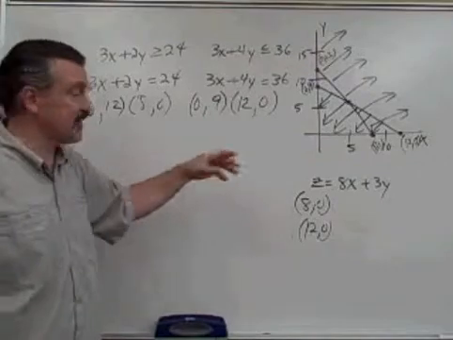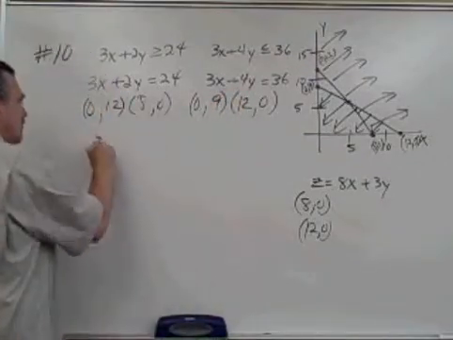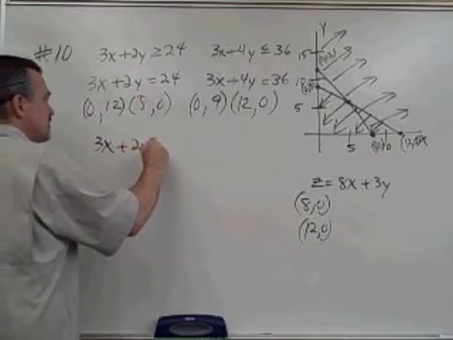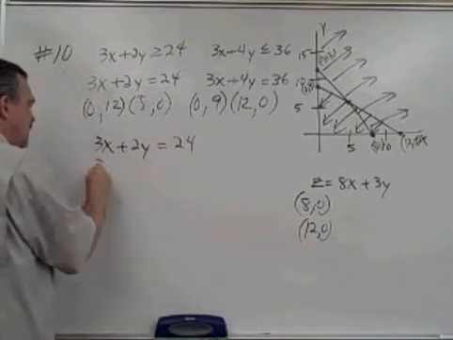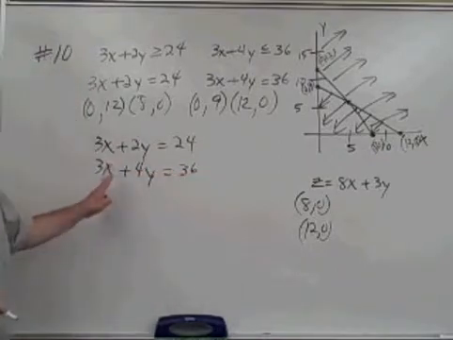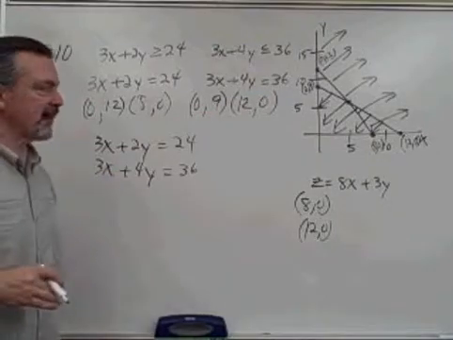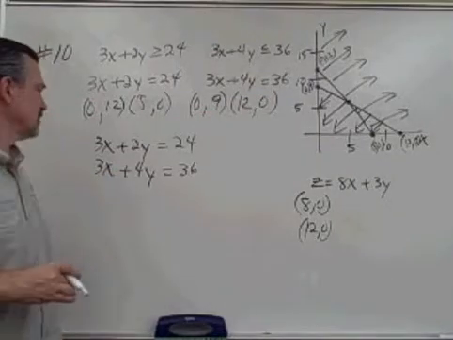So that's the point that's the common solution for those two equations. If I solve this system of linear equations in two variables, I will find that solution point, which will be the third and final corner point of my feasible region.